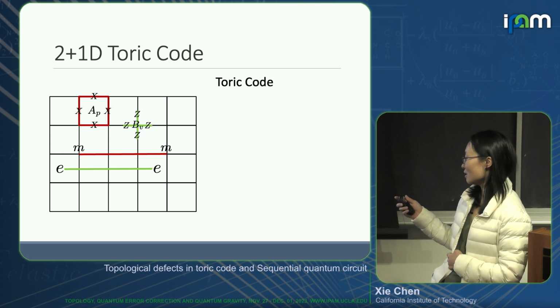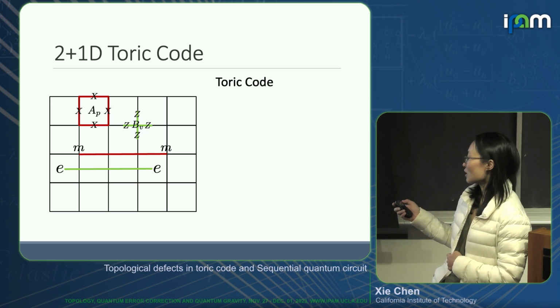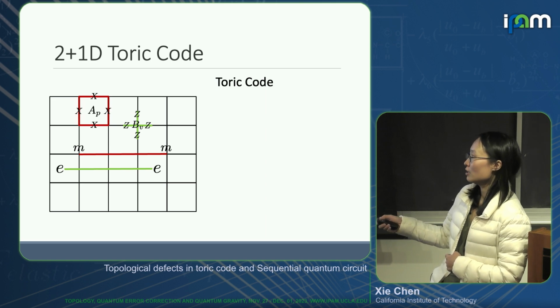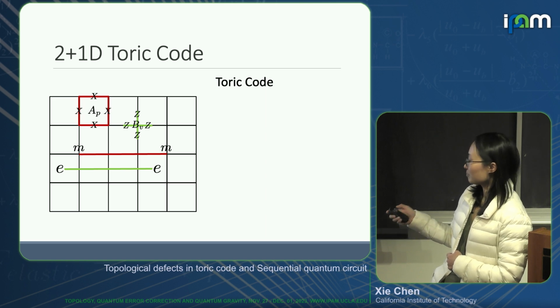So this is the standard form of a toric code. And we know that we can generate pairs of anyons. One is the so-called m type of anyon, and the other is the e type of anyon, using string operators, just like that.